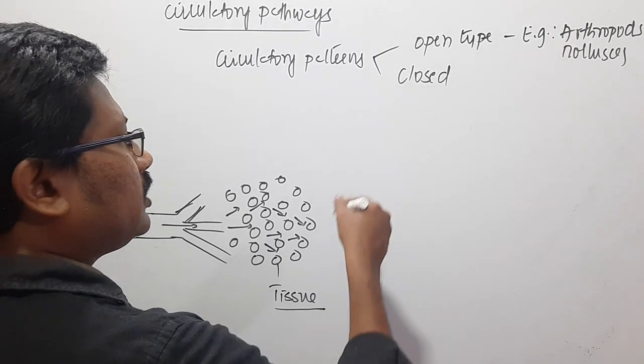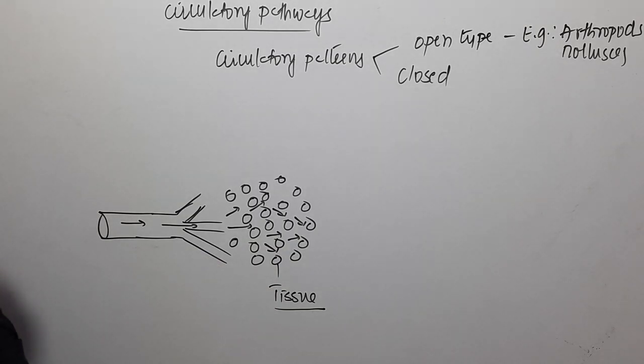And coming to the closed type, that I have just now discussed, where I have shown you the arteries and veins connected by the capillaries, and the blood will never come in contact with the tissue. So that is a closed type of circulatory system. In that case, the arteries end with capillaries and the veins begin with capillaries.